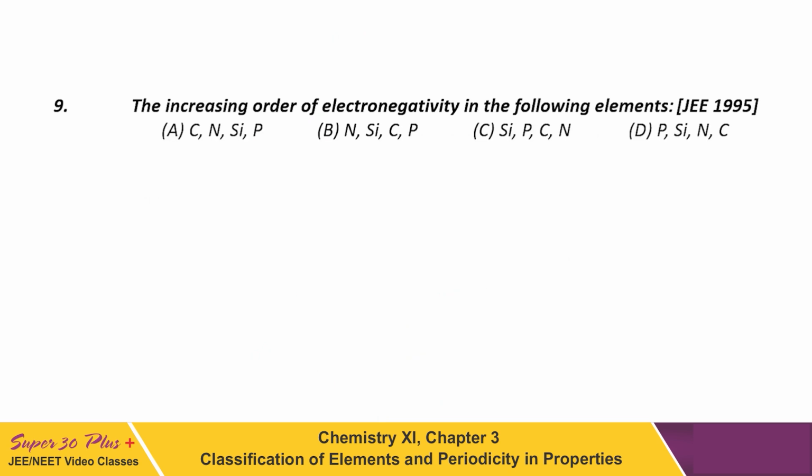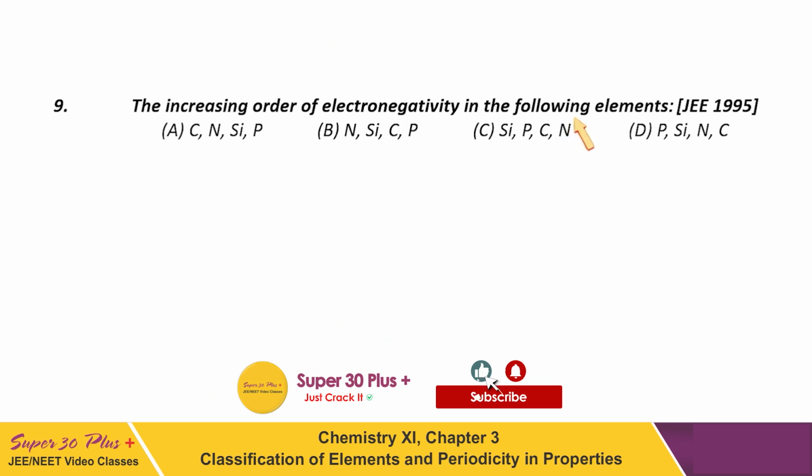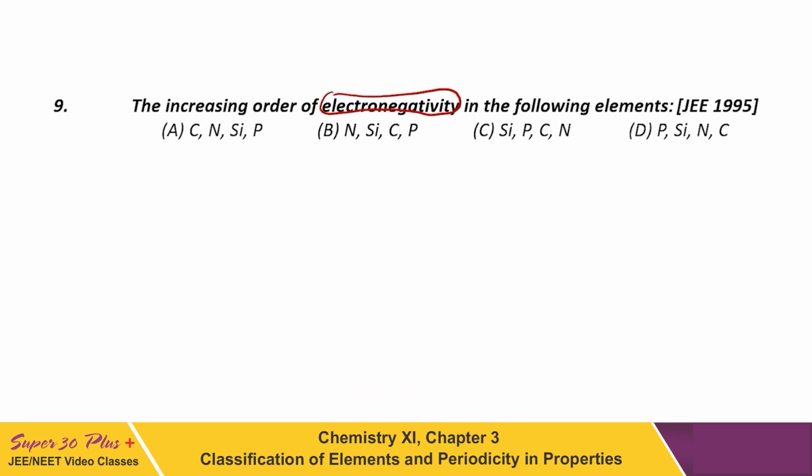Alright, now here comes the next question, which belongs to Joint Entrance Examination 1995. This question says the increasing order of electronegativity in the following elements. See, it says electronegativity. So first you try to recall what is electronegativity.